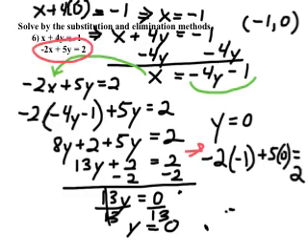Negative 2 times negative 1 is 2. 2 equals 2. So I have found that the point negative 1, 0 works in both equations. So it's the solution for both equations.